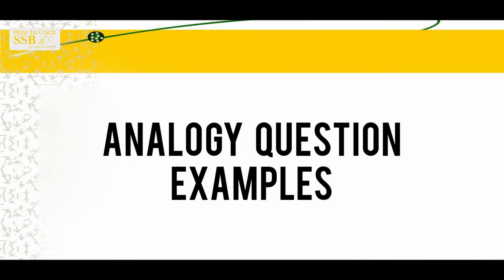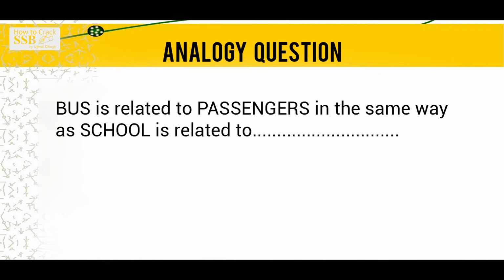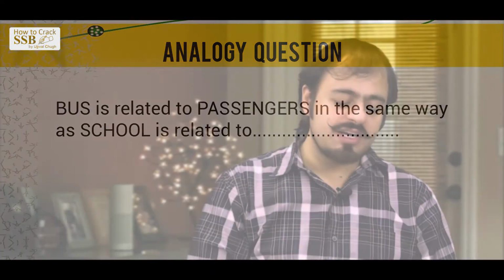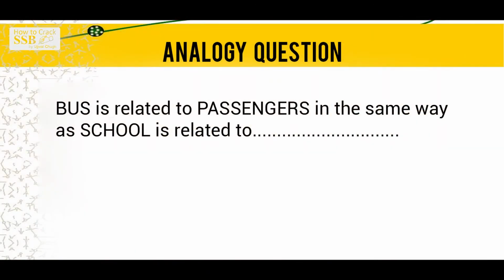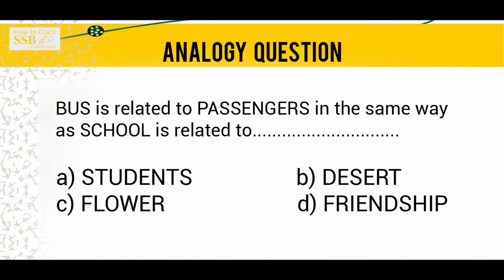The example is, bus is related to passenger in the same way school is related to. Here the analogy is that in the bus, the people who travel, as in bus is made for whom? Bus is created for passengers, for the people who have to travel in the bus, right?